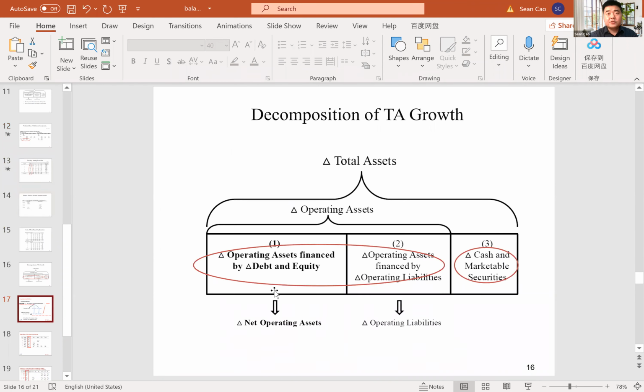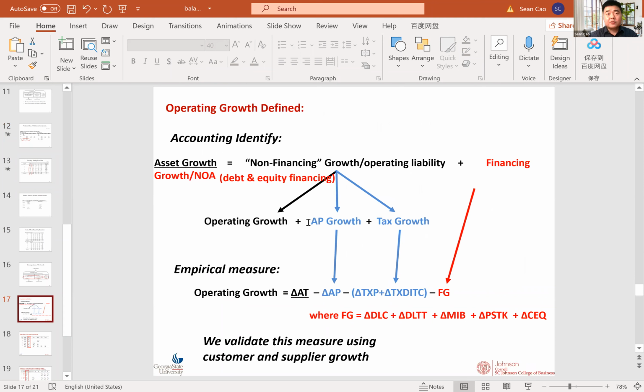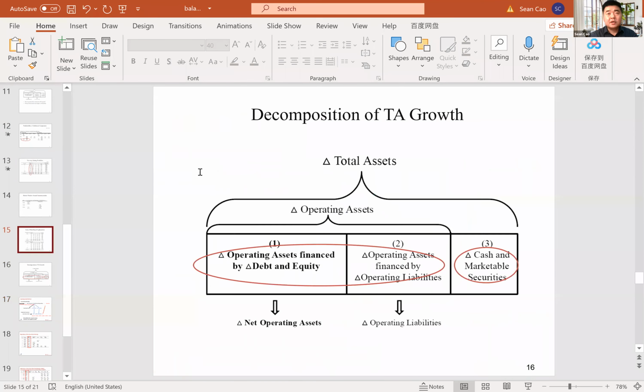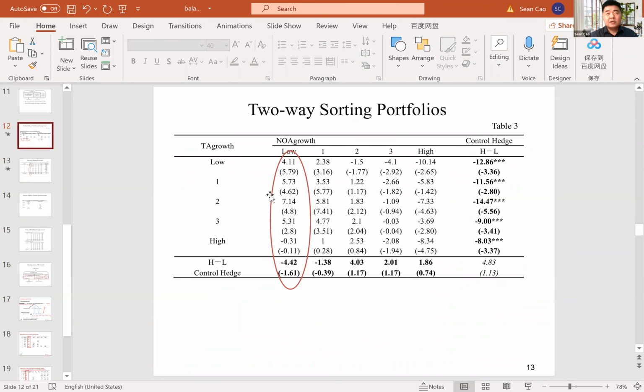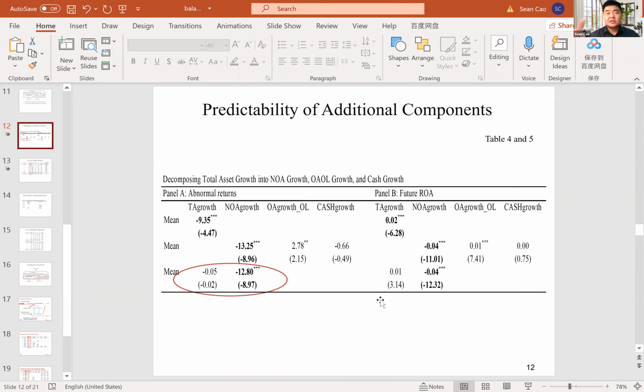If you want to do the original calculation, you have to use the original variables to get all this asset growth. Like I told you, the balance sheet I show you has 250 variables. The first step is you use some of the 250 variables to calculate total asset growth, NOA growth, these all growth variables.